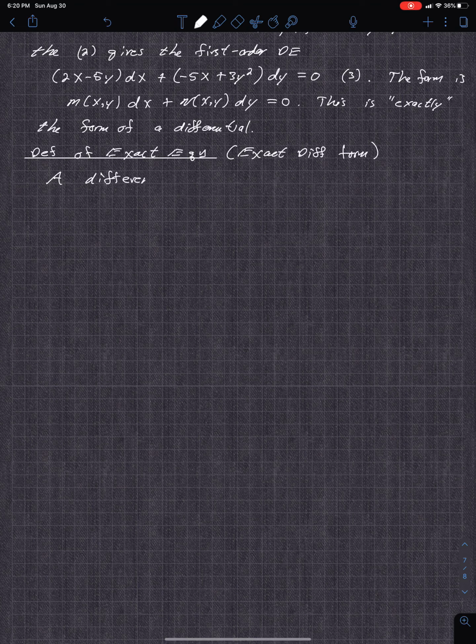So a differential expression, a little bit of nuance in the vocab and language really that I'm trying to get at here.